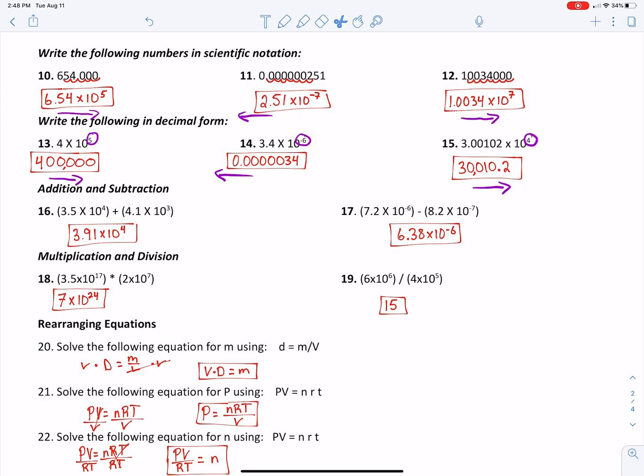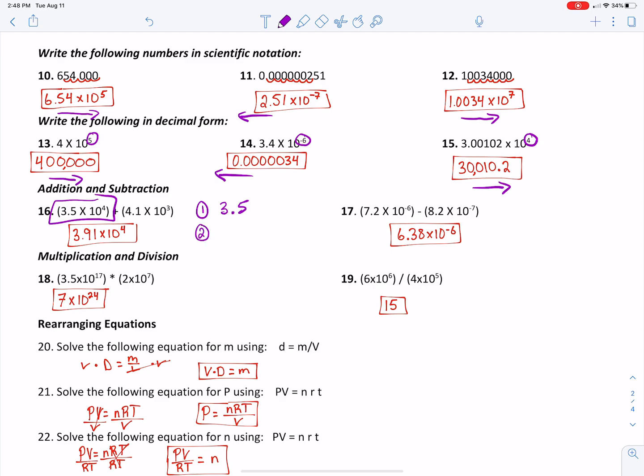All right, now that you have your calculator, I want you to type in this number. We're going to type in that number, 3.5 times 10 to the fourth. Don't do it yet. Do it with me. So how we're going to put that in your calculator, you're going to put the number first. Type in 3.5.